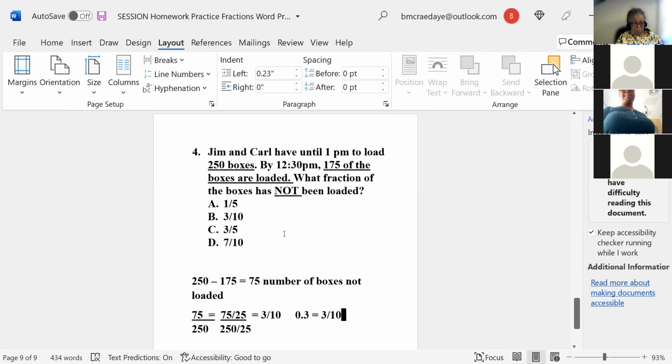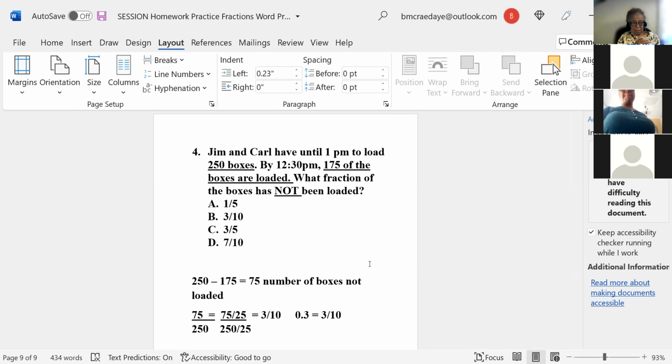You shouldn't have figured it was wrong, because you took 175 from 250 and got 75. Like Mercedes said, that's the number of boxes not loaded. That 75 over the total boxes gives you the fraction of boxes not loaded.